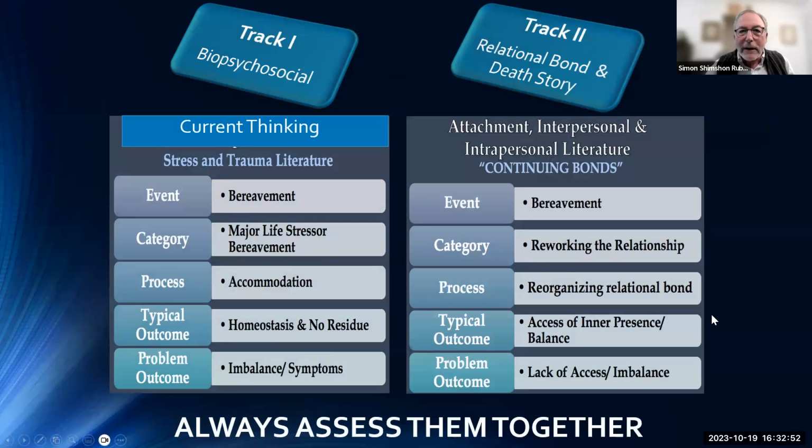So the two-track model says we need to be looking at those two things together always, the biopsychosocial on the one hand, but not to think that if people are no longer having symptoms, the grieving has ended. On the contrary, we want to understand what they tell us about the death story and how the relational bond is experienced across time. Both of these things are important to assess, and how people tell us about them is going to be important for how we design intervention.